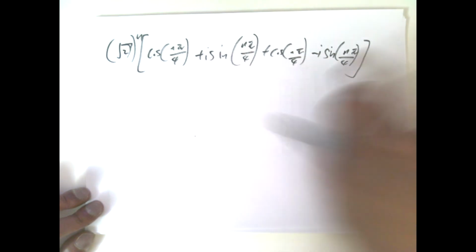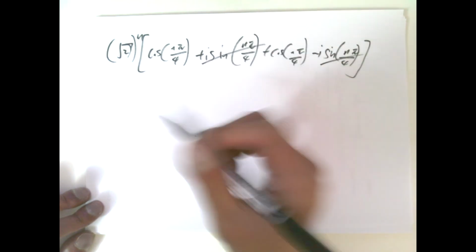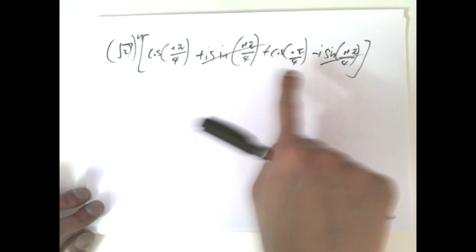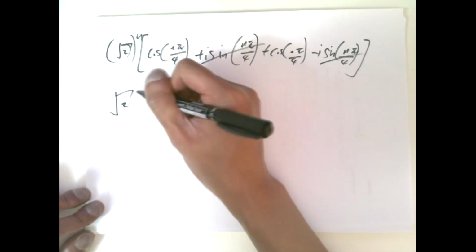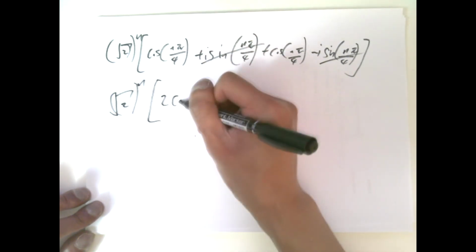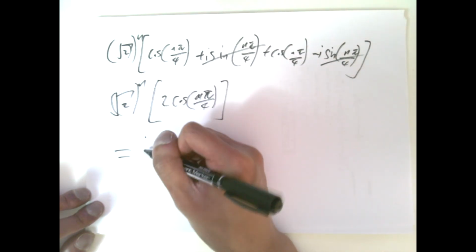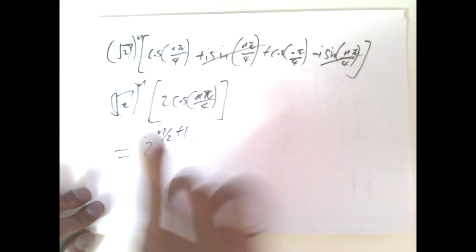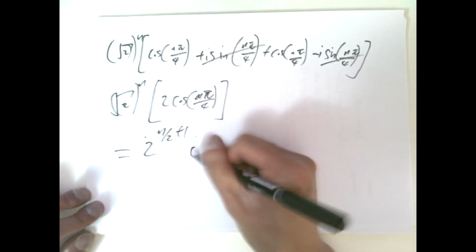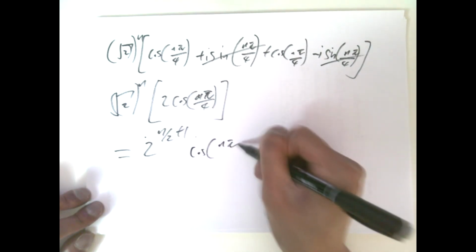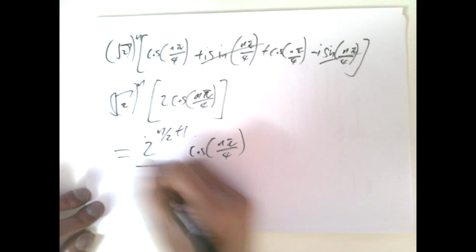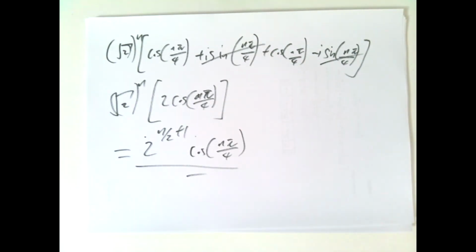And because we got positive i sine and negative i sine, and because we got a cosine and a cosine, factor out the 2. And with that, we're done with question 8 as well.